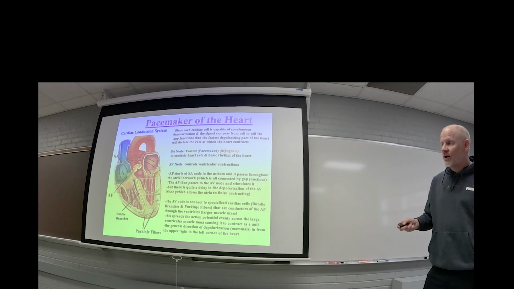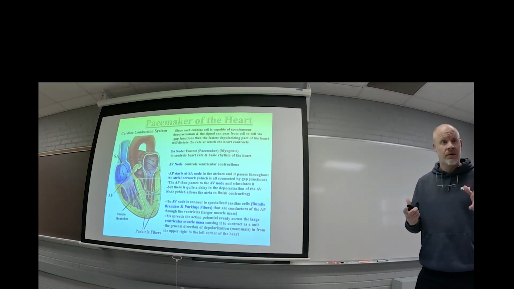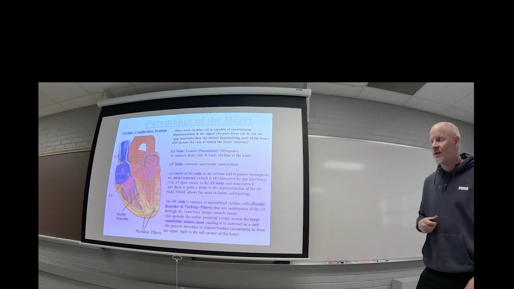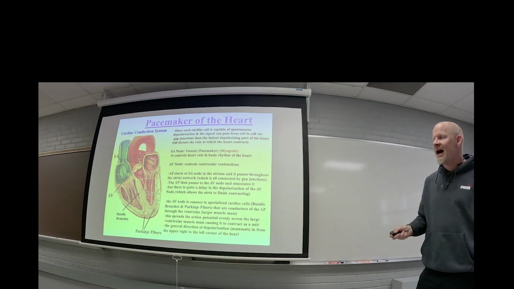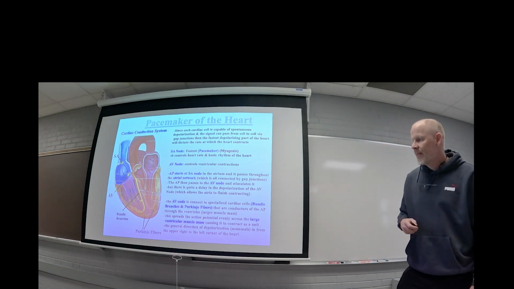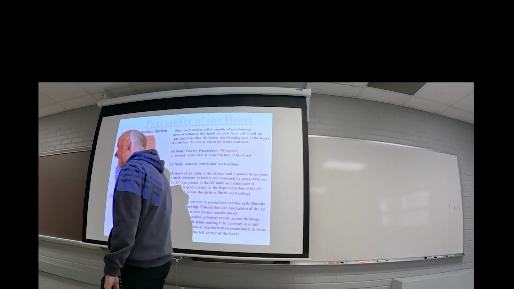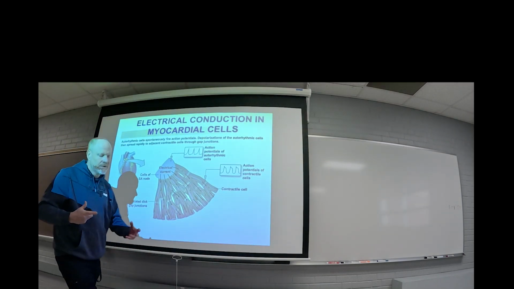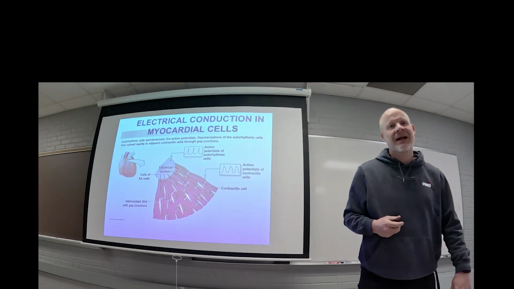These cells also can fire on their own, but they're really slow, anywhere from 10 to 30 depolarizations per minute. And so they could not control heart rate effectively in a mammal like us. So if you were to lose your SA and AV nodes, say in a heart attack, then you would need a pacemaker, right? You would have to have a pacemaker.